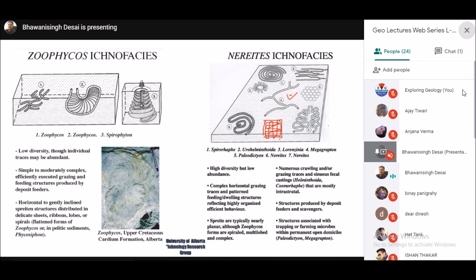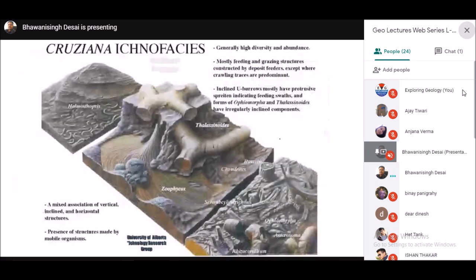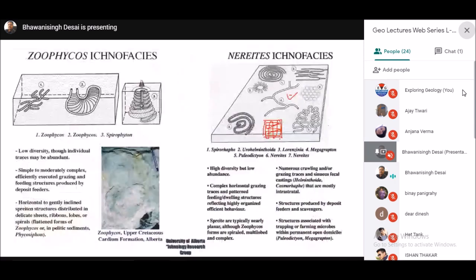So from vertical to mixed to only horizontal environments and this kind of complex geometry, you have a series of trace fossils which give a very good indicator of the depositional environment.